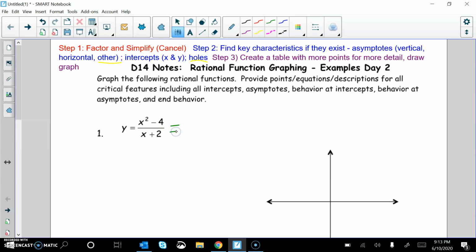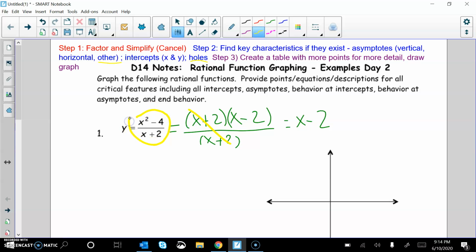All right, so number 1. Factor if possible. The numerator is going to factor into x plus 2, x minus 2. So that's going to cancel there, resulting in x minus 2. Okay, so this function is what we are graphing. That function is exactly the same as this linear function everywhere except when x is negative 2.